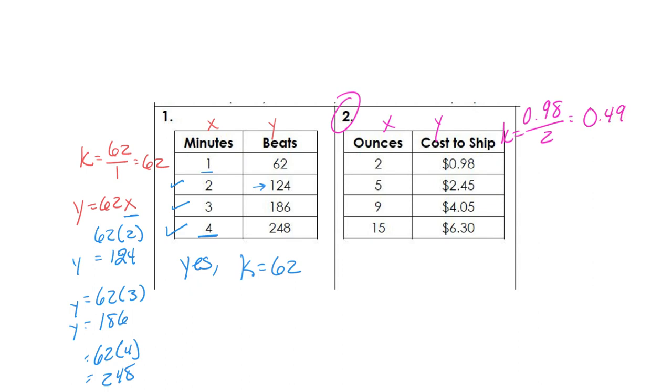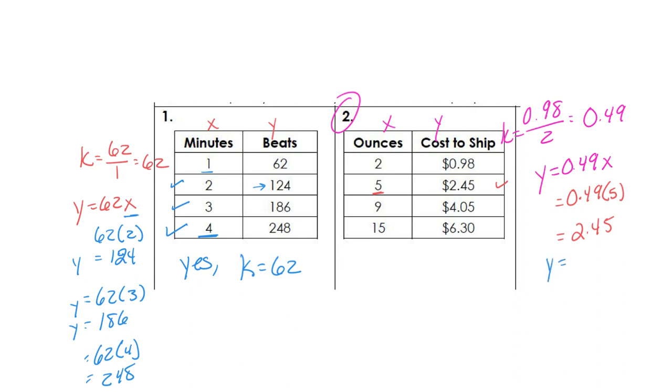So now let's write the equation. y equals 49 cents times x, and let's put in 5. 49 cents times 5 gives us $2.45. That is correct.